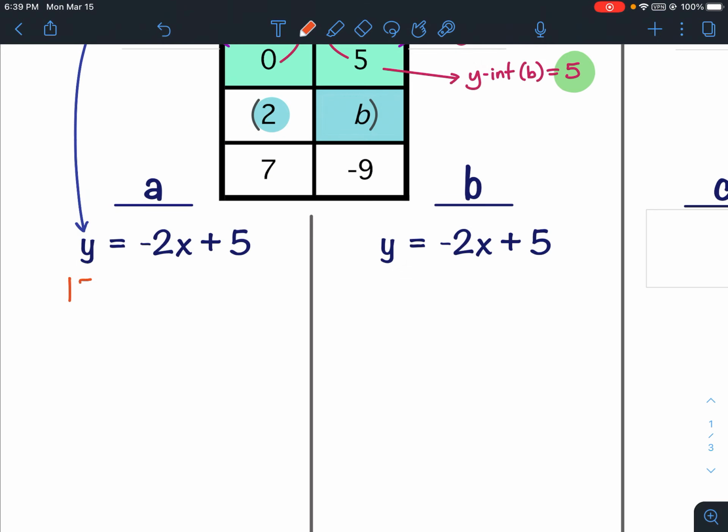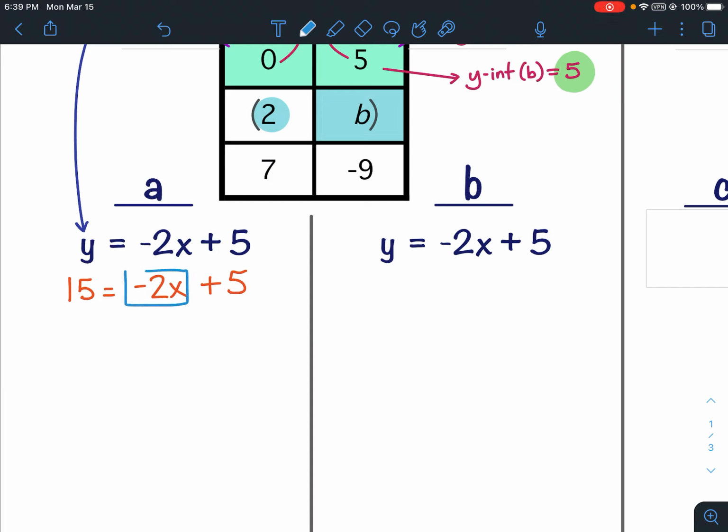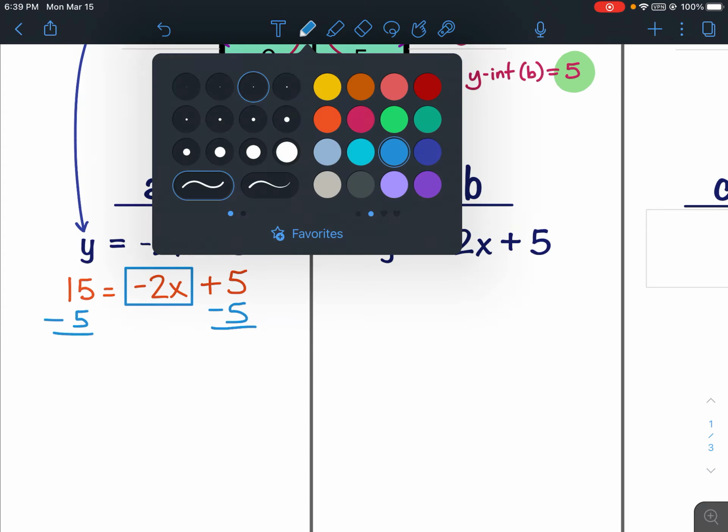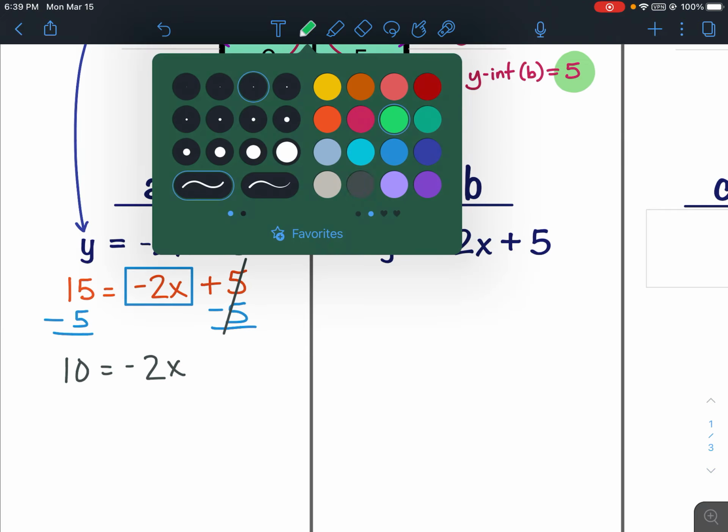So I'm going to have 15 equals -2x plus 5. And now this becomes a two-step equation. Box your x term because we want to solve for x. Subtract 5 from both sides. That would be 10 equals -2x.